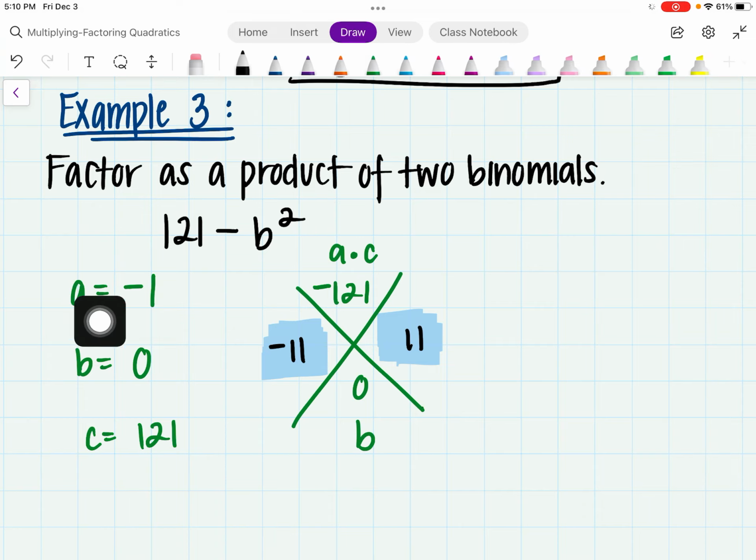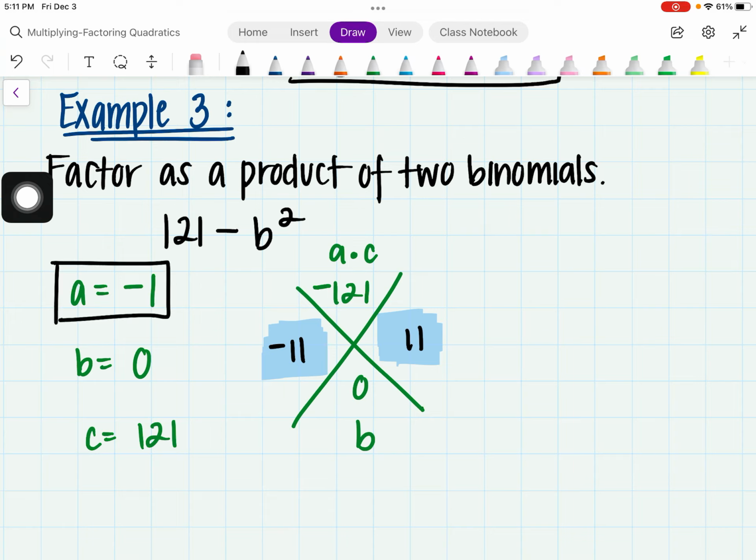Now, in this case, guys, our a value here is a -1. So because this is a -1, I do have to do something with this here. Unless it's just a 1, then we'd be done. But since this here is a -1, I'm actually going to go ahead and divide both of my terms by a -x.